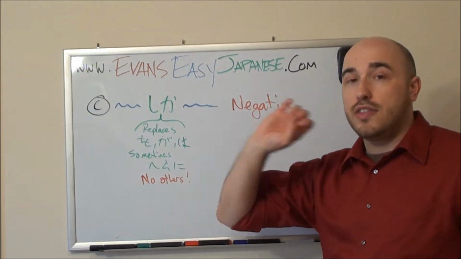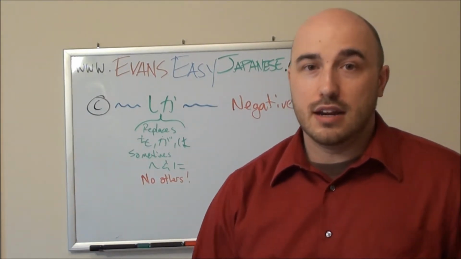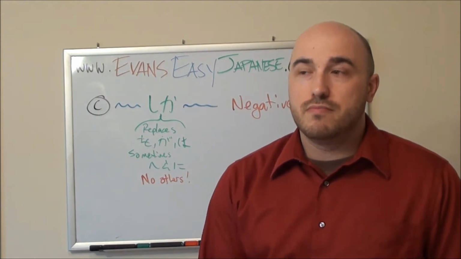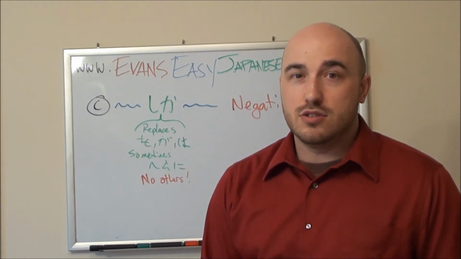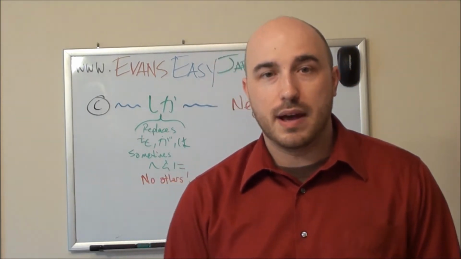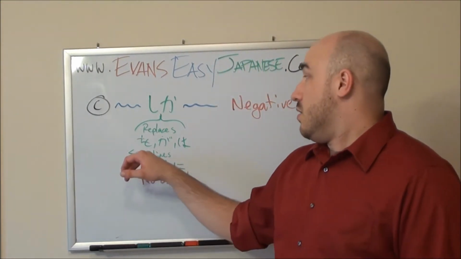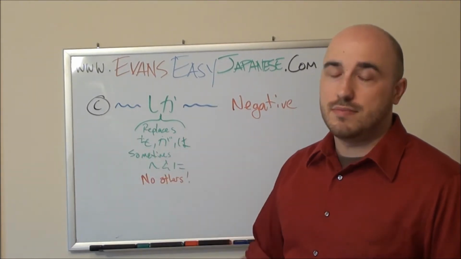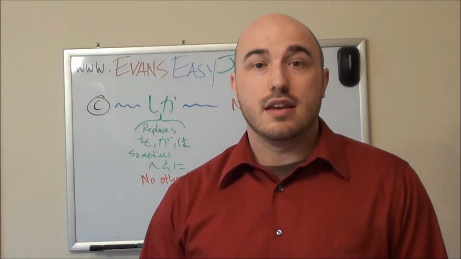However, with all the other particles, you need to have them in there, like de and other things, because if you don't have the particle in there, you could translate it a little bit differently. That's an interesting point to look at grammatically, but it's not important. Shika replaces o, ga, wa, can replace e and ni, and it can't replace anything else.